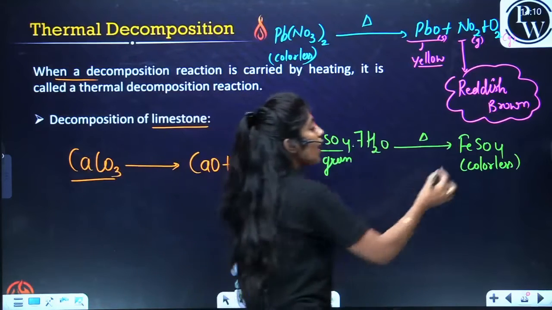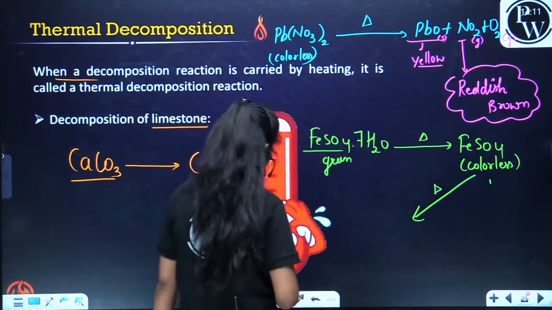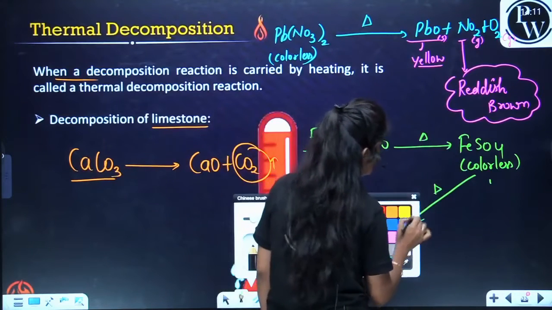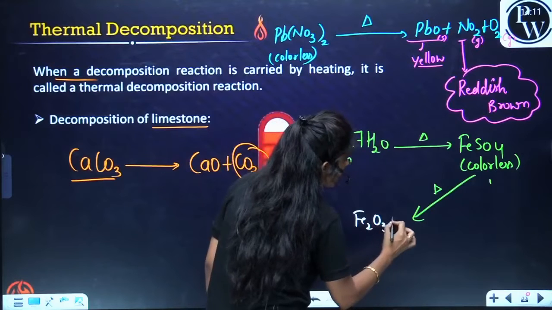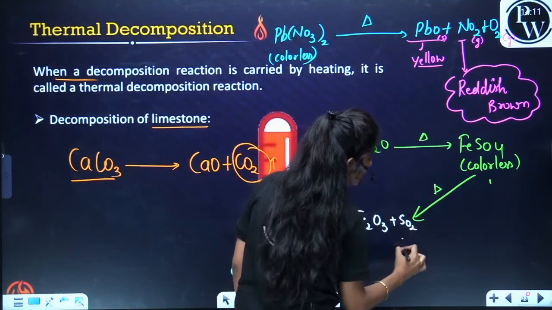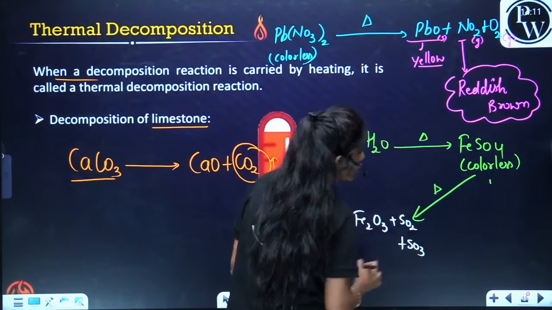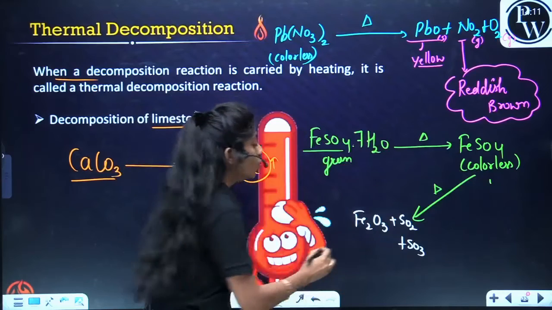Now I will be heating it more, and it will be converting into the corresponding Fe2O3 plus SO2 plus SO3. So the color goes from green to colorless, colorless to brown.